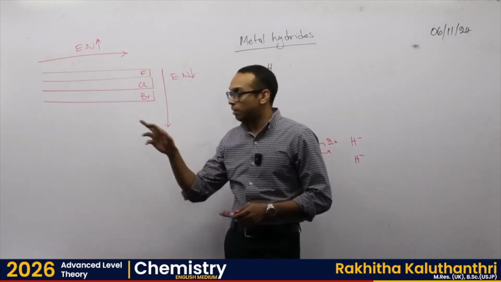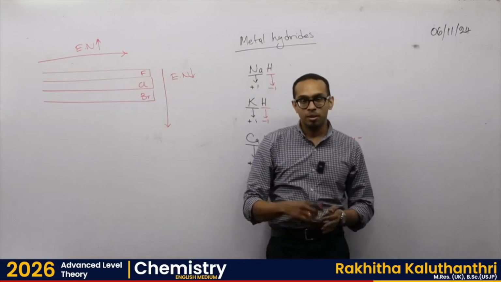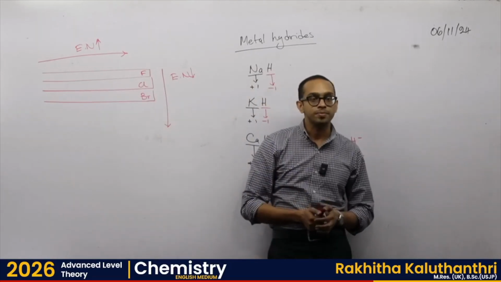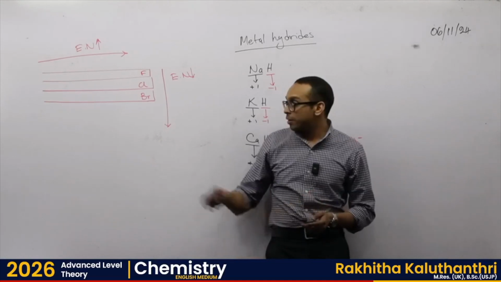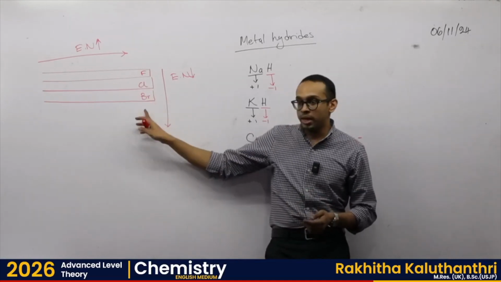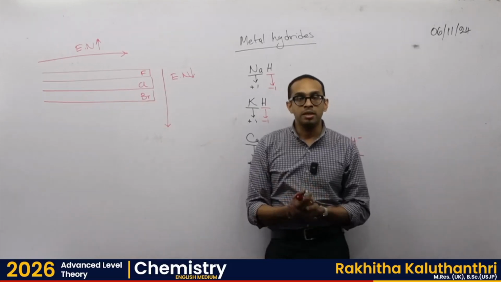For example, when any of these halogens are bonded to hydrogen, the halogen is more electronegative. Is that clear? However, especially when you go down, like bromine, iodine, astatine, there are many elements that are more electronegative than iodine.